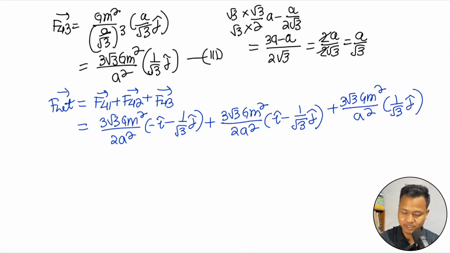Common in all of these is 3 root 3 Gm square by a square.